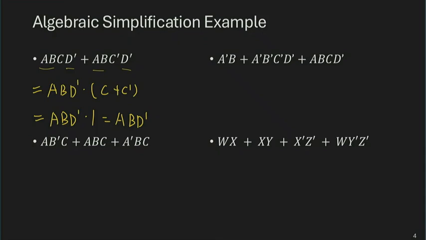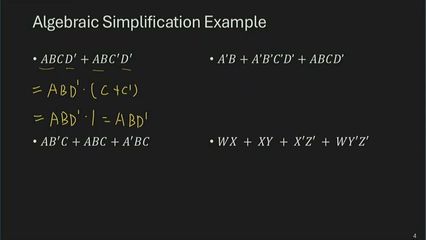A hint: you cannot get rid of some of the terms entirely, but you can get rid of some of the literals, some of the variables from those terms. So in general, to apply these Boolean theorems, you might need to do a bit of manipulation and distributivity beforehand, so that the basic form of the theorem shows up.